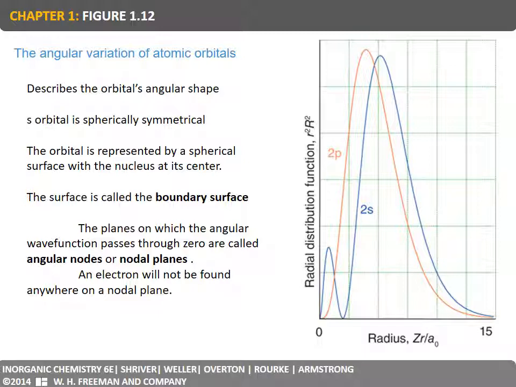That distance, that sphere around the nucleus, creates what's known as the boundary surface. The boundary surface is the distance from the nucleus within which we have a 90% probability of finding the electron.